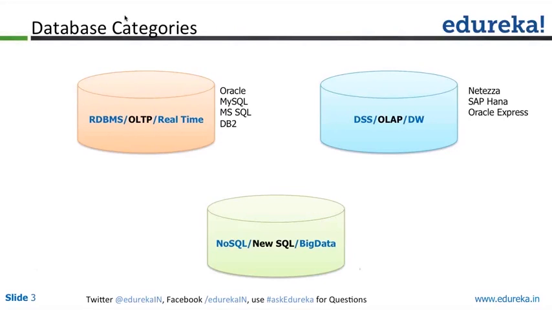That's where NoSQL comes into the picture to some extent. The examples of NoSQL are Mongo, HBase, Couch, and Cassandra, which are very popular in the NoSQL landscape.